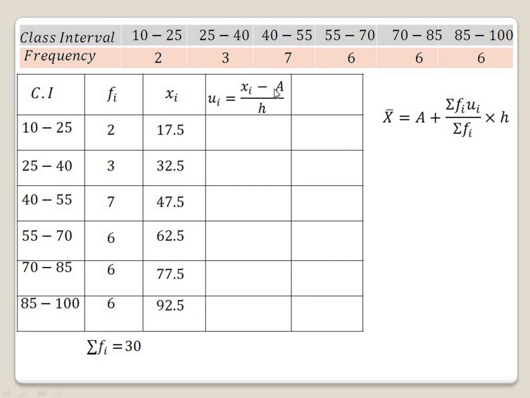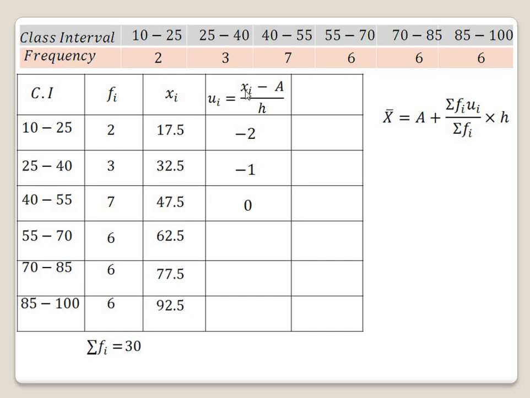We put all these values in the formula to get the respective deviations, ui. Here 17.5 minus 47.5 divided by h, which is 15, gives ui equal to minus 2. Next, xi 32.5 minus a, 47.5, divided by 15 equals minus 1. Next, 47.5 minus 47.5 divided by 15 equals 0.